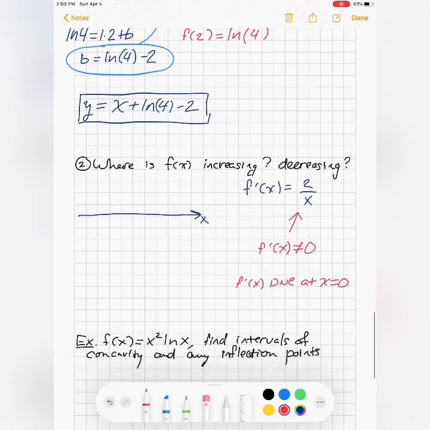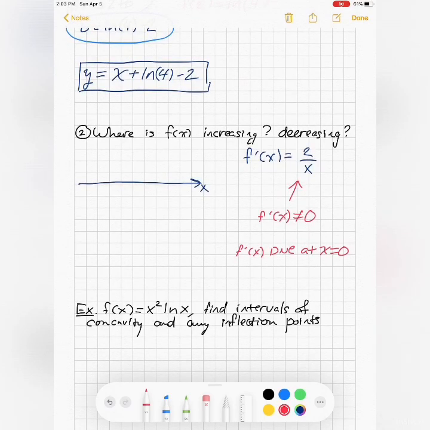So, I mean, that just means that we technically wouldn't say that 0 is a critical number. However, 0 is still where something interesting happens. So I still need to include that in my sign chart as far as determining where the function is increasing or decreasing. Okay, so let me say, what about f prime of a big number, right? If I plug a big number in here, it's positive, yeah? Versus if I plug a negative number in here, it's negative. Okay, so I can make my conclusion.